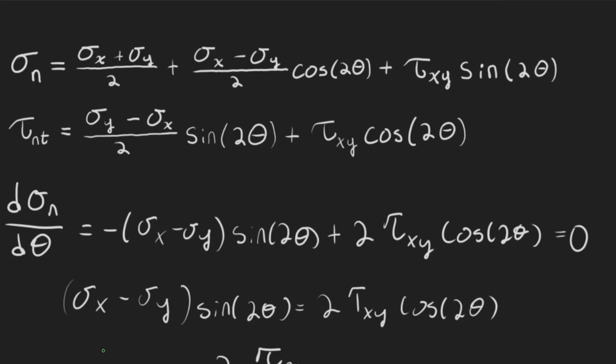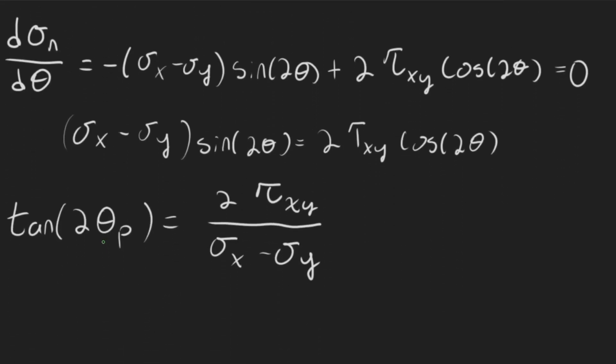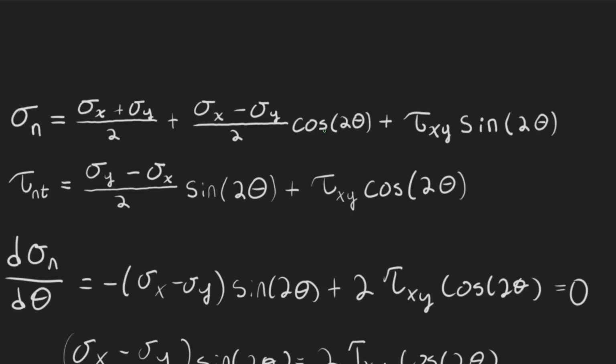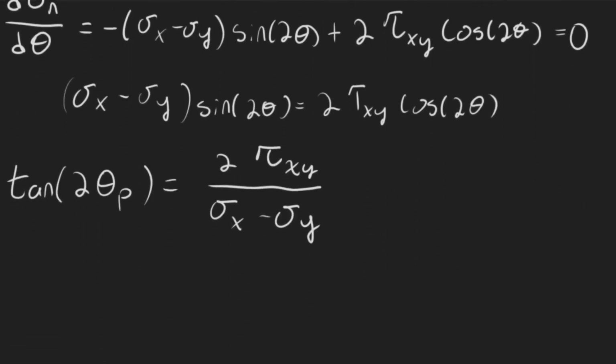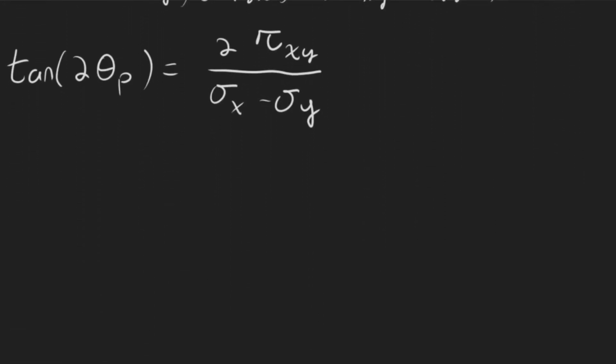Now we want to plug this into our original sigma n, but of course we don't really know what the tangent is. The things that we actually need to plug in are cosine and sine. So we're going to do a little more trig to get it into a form we want to work with. If we start with our sine squared plus cosine squared identity that we found earlier, let's just use x, so sine squared x plus cosine squared x equals 1.